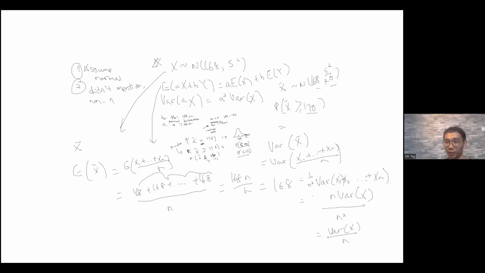Maybe it's binomial or some things we never came across before. Just that it's not normal, the distribution is some kind of distribution. If they say this, you need to use CLT.